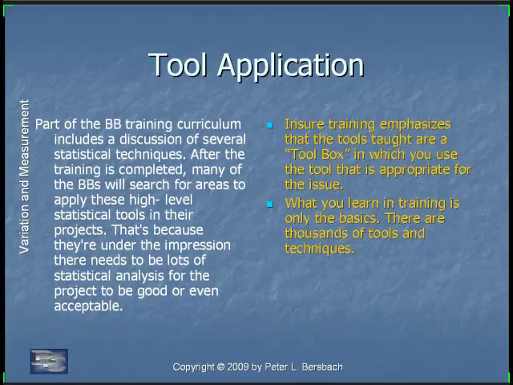Pete? Yeah. I wonder if the author isn't saying that we have a hammer and we're looking for a nail, so that instead of looking for a way to actually solve a big problem or make an improvement, we're actually looking for a way to apply the tool that we just learned about.